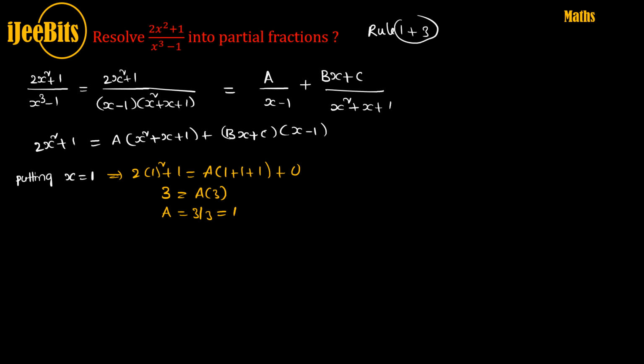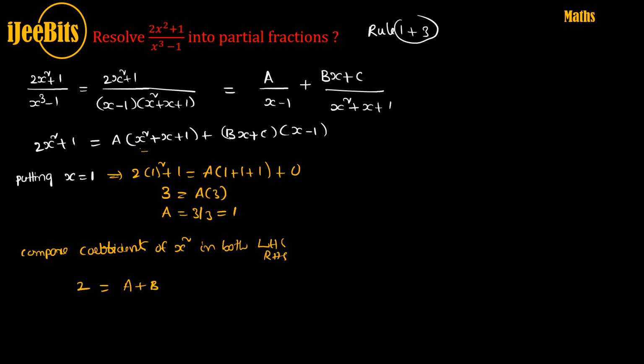Very good. Next, let's compare the coefficients of x² in both the LHS and RHS. On the left hand side the coefficient of x² is 2. On the right hand side, it is A from A·x², plus B from Bx·x, which is Bx².